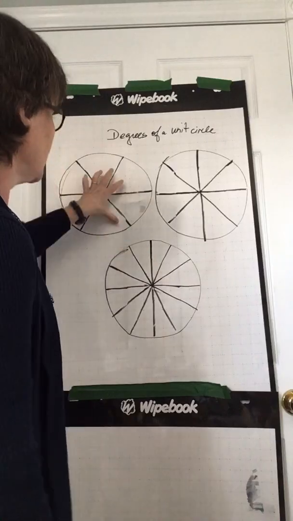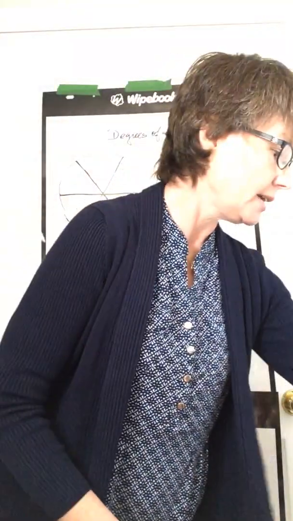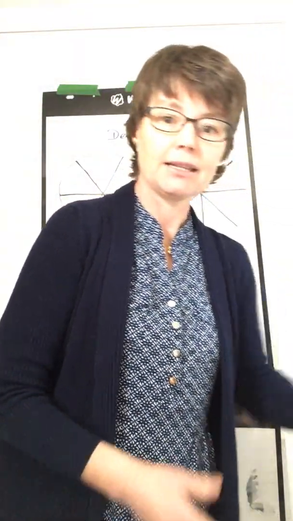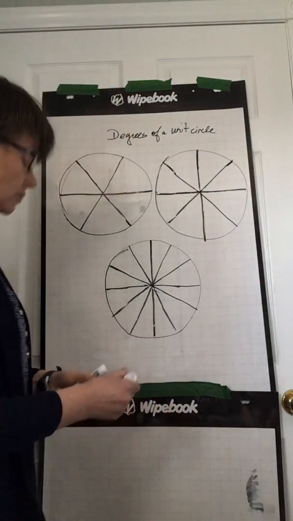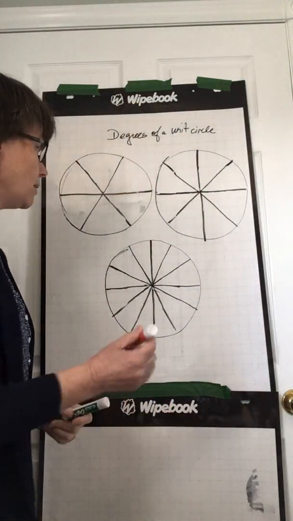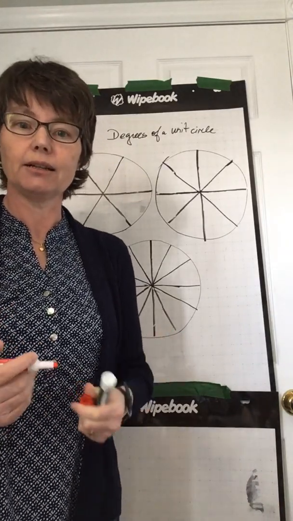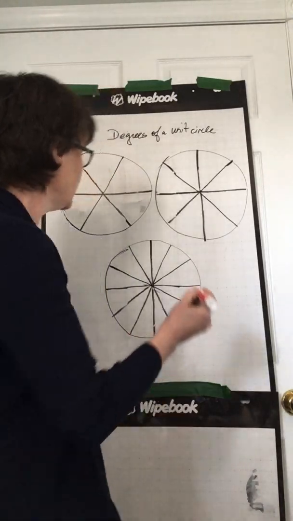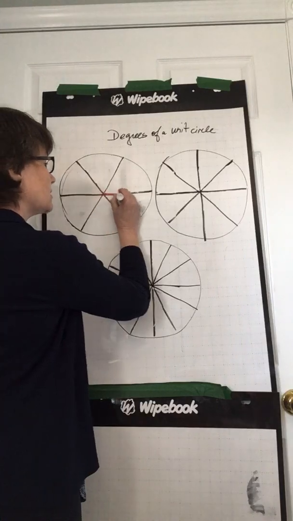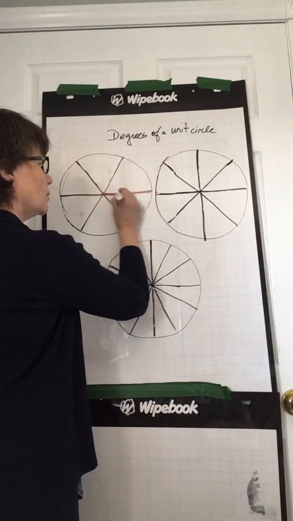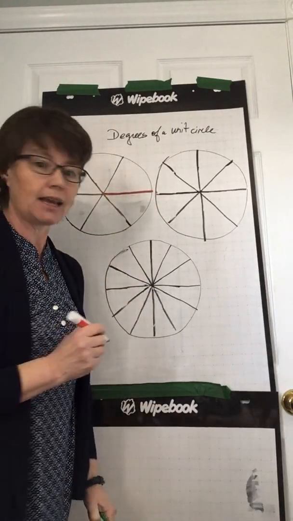So let's take a look at the first one, and we're talking about degrees in this video. So degrees of a unit circle. Now, the very first rule about measuring degrees or any angle within a unit circle is that we must start from what we could call the positive x-axis.